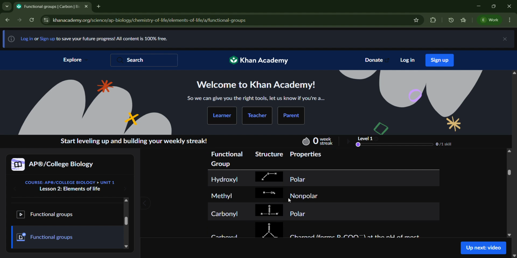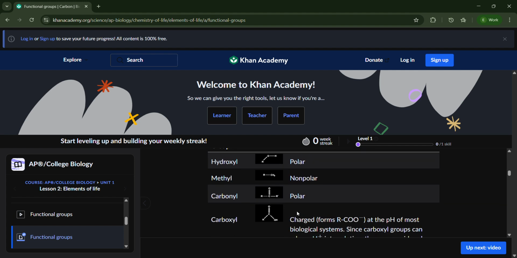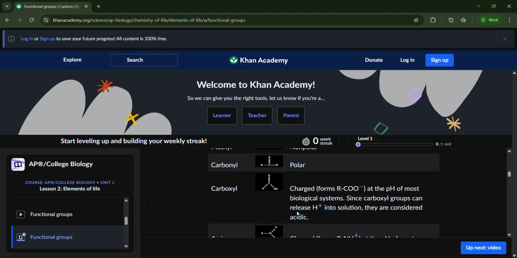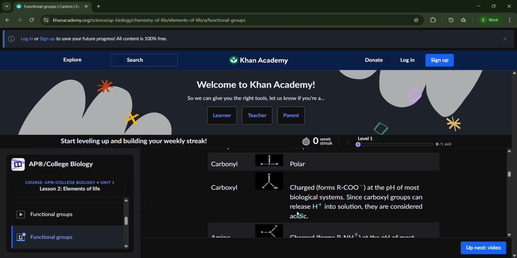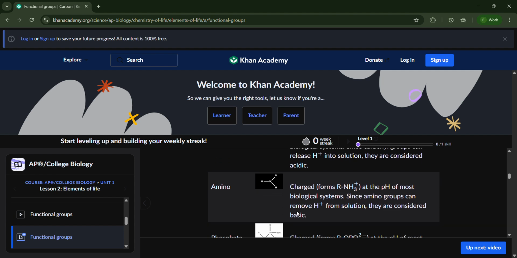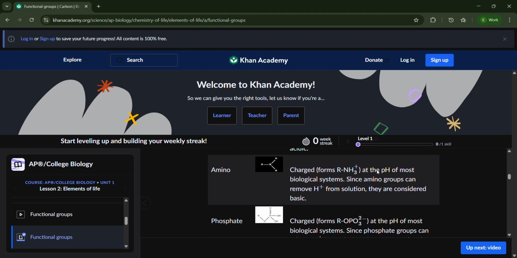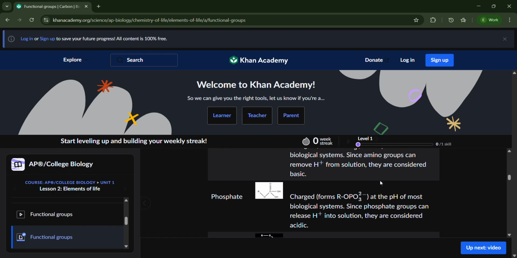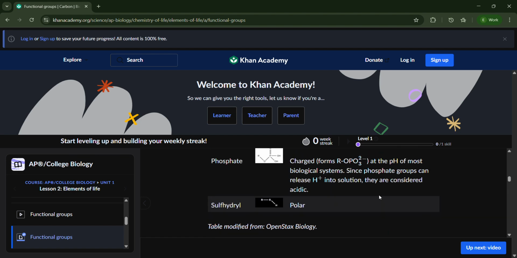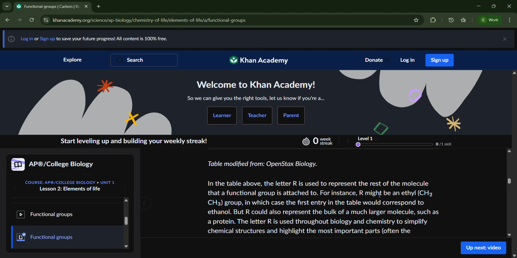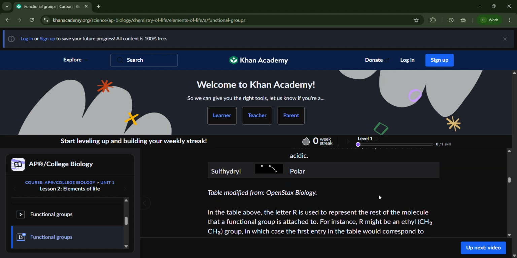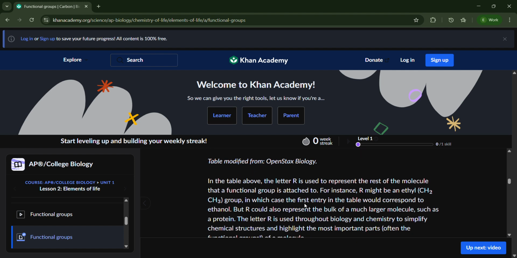Hydroxyl is polar, methyl non-polar, carbonyl is polar, carboxyl is acidic, amino is considered basic, phosphate is considered acidic, sulfhydryl is considered polar. In the table above, the letter R is used to represent the rest of the molecule that a functional group is attached to.